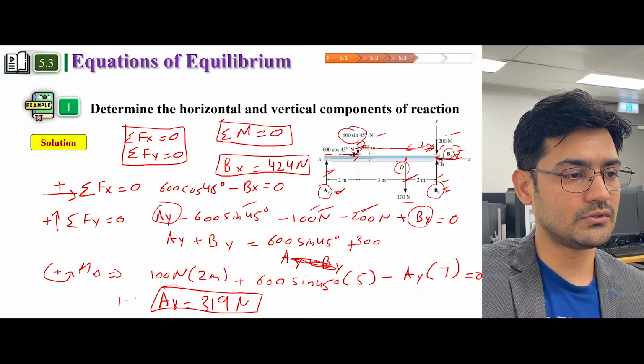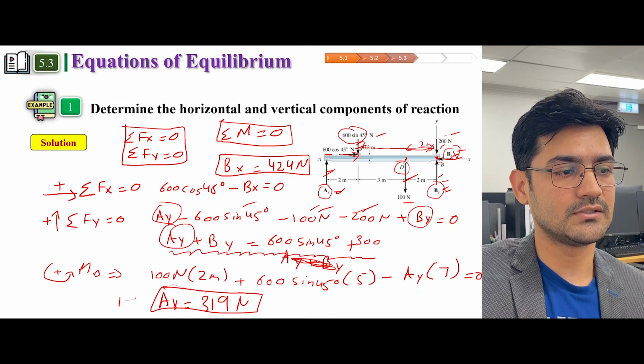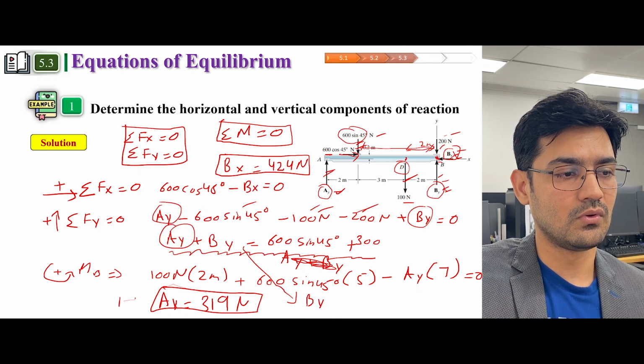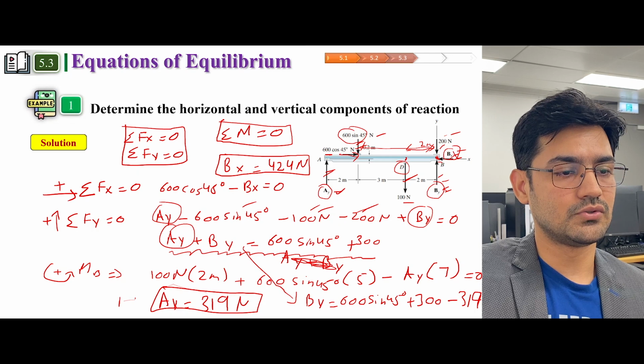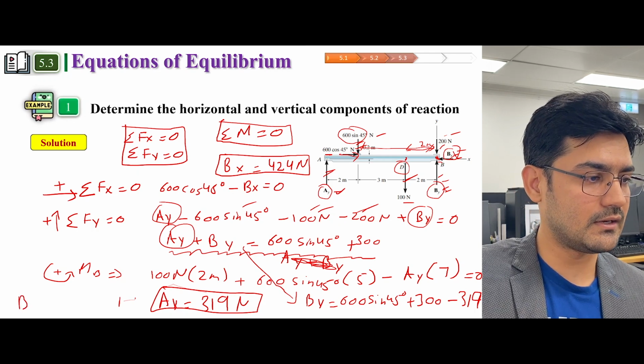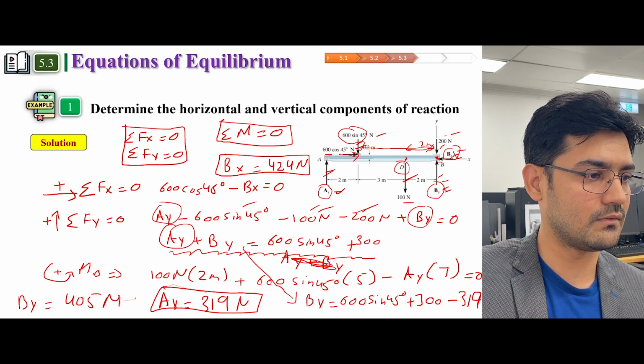Now you can use this equation, and now we have ay, so we can calculate by. So by would be equal to 600 sine of 45 degree plus 300, and ay will go there and it will become negative, so 319. So if you solve this, you can get by equal to 405 Newton.